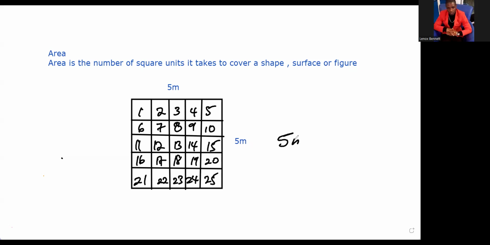So it's 5 meters by 5 meters is going to give us 25 square meters. I want you guys to tell me how else we could have done this. Say we didn't want to bother to write down all of these boxes. How else we could have done it?